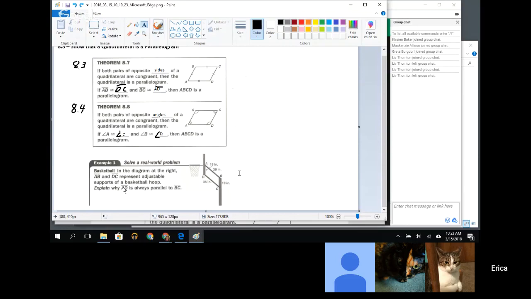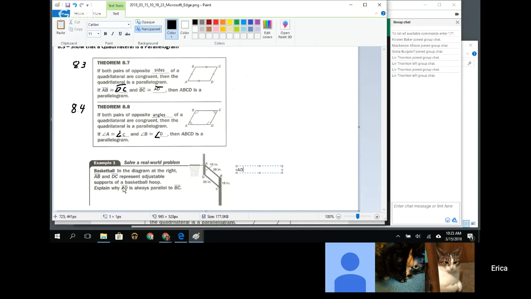So I can say because AD is congruent to BC, and I'm going to add all my lines in later, and we know that AB is congruent to DC, then by theorem 8.7, we can say that it is a parallelogram.